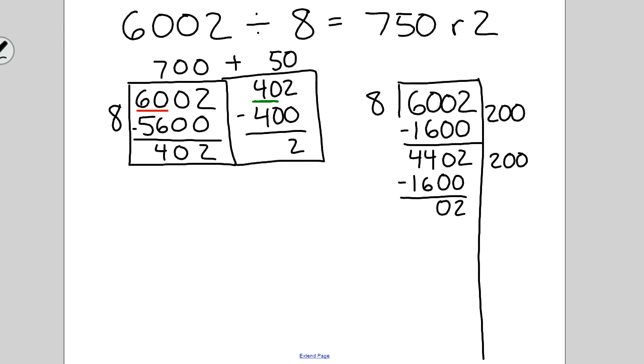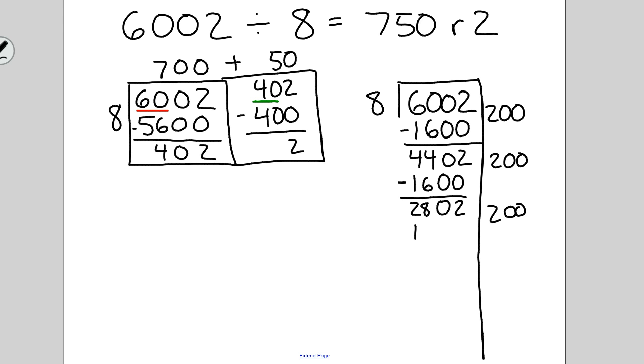That one's a little tougher to do. 44, 34, 30, and I've still got to take 2 more off, so that would be 28. 2,802 left. Oh wait, I can do my 1,600 again, so I'll do another 200.